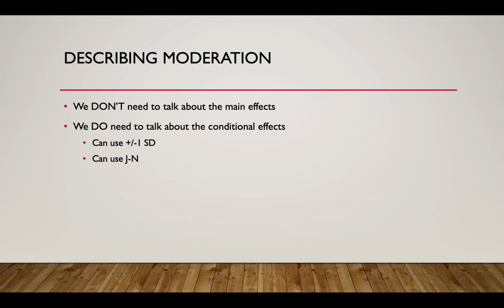When we are describing moderation, we don't need to talk about the main effects, especially the main effects of m, but we do need to talk about the conditional effects. Now you can say the main effect of x is this when m is held constant at its mean.